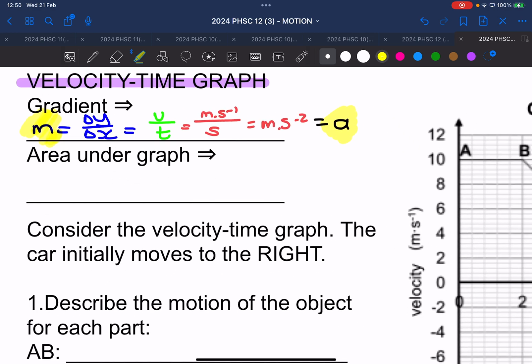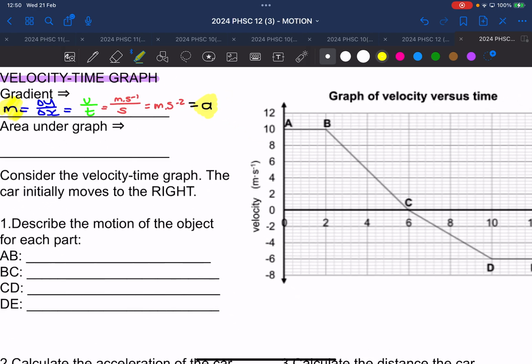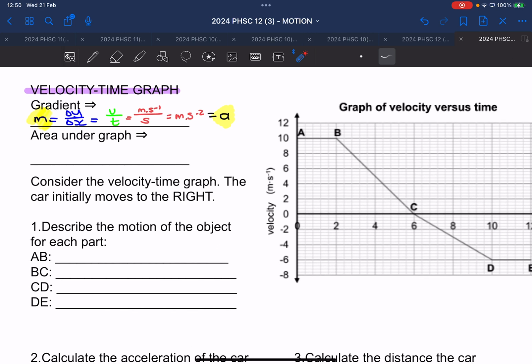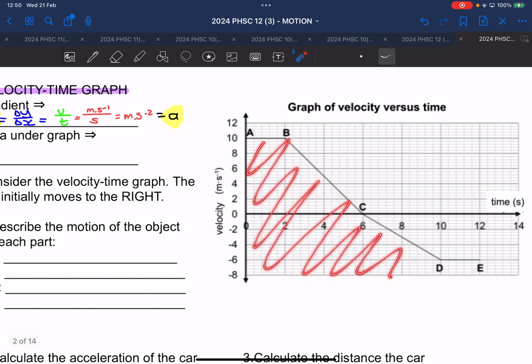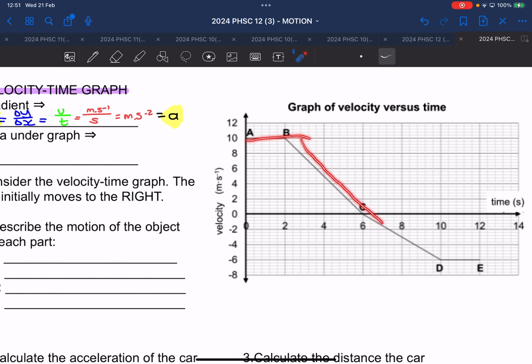Okay, then this type of graph, a velocity time graph, gives you more information. You can look at the area under the graph. Now be careful, area under the graph does not mean this part there. Area under the graph means between the line and the horizontal axis.